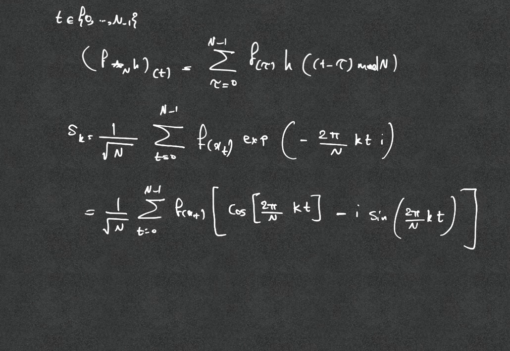Now interpreting this, you can see that the Fourier transform has to do with how to represent a signal as a weighted sum of complex sinusoidal waves. This part, which is often written like this, is going to be the frequency in radians. And when k goes very high, we would call them high frequency components.